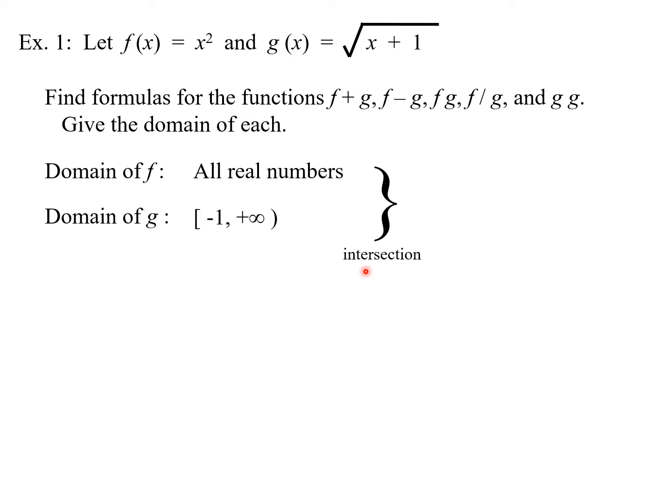Now, the intersection of these domains is the set of numbers that are in both the domain of f and the domain of g. So they have to be in both, not either, that would be union, but intersection, which means both. And so the domain of this must be the more restrictive domain, which in this case is the domain of g. Now, to write that symbolically, that's the domain of all real numbers intersection, that's what that symbol means, with the domain of g.